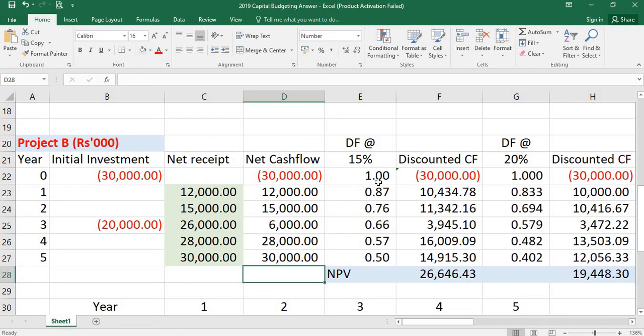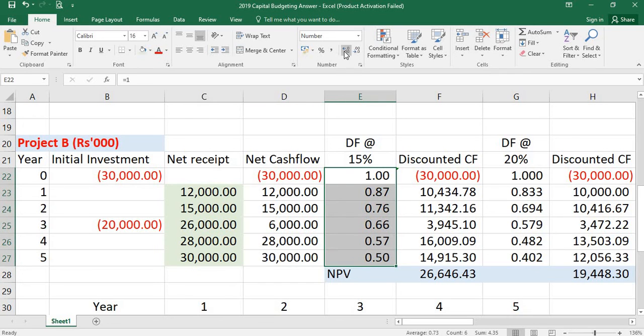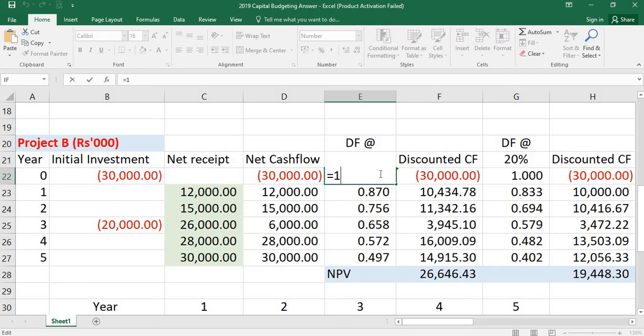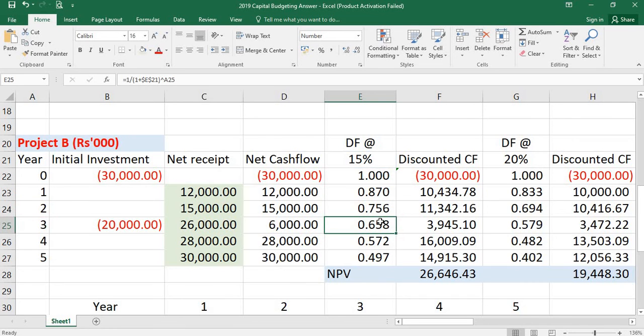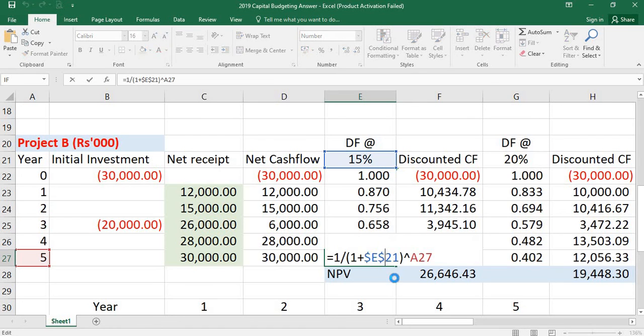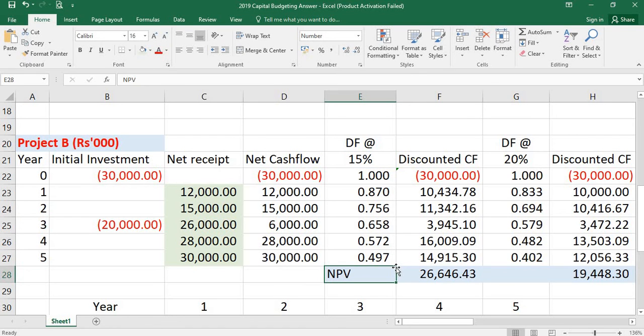As I explained in project A, you adjust the net cash flow by the discounting factor value. You know how to find this discounting factor: at year 0 it's 1, then 0.870, 0.756, 0.658, 0.572, 0.497.